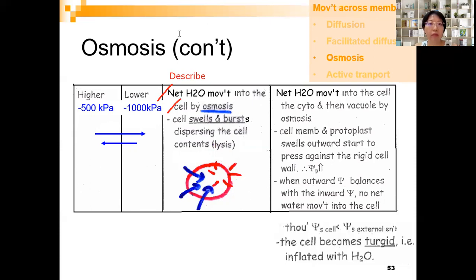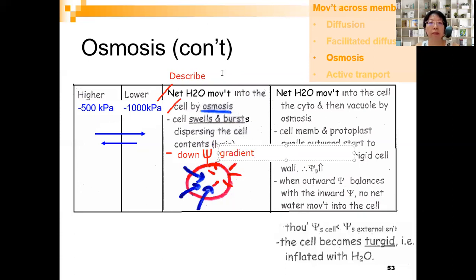Now you're explaining. Just now it's described. So because down the water potential gradient. I'm going to use psi to represent water potential. Down water potential gradient. So this is another mark.